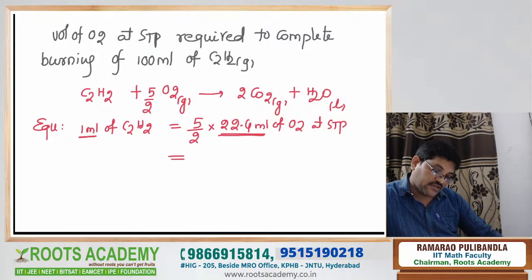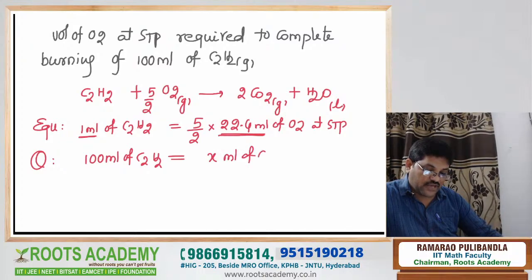Now, for 100 ml of C2H2 gas, according to the question, how much volume of O2 gas is required? X ml of O2 gas is required. Therefore, X is equal to 5 by 2 into 22.4 into 200.